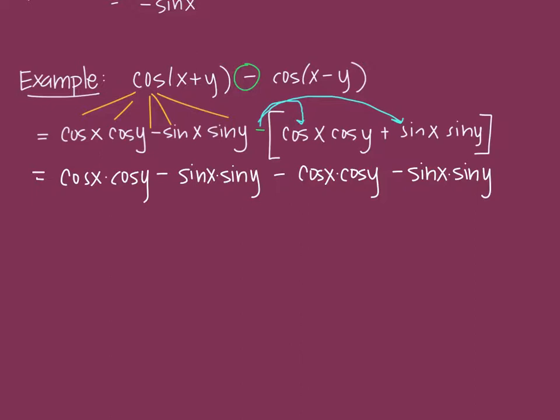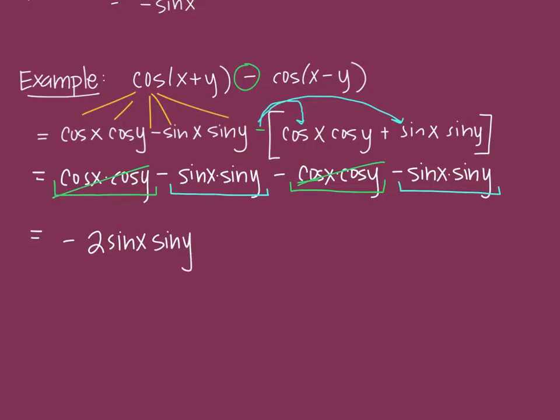Do we have anything that's in common? We should notice that I've got cosine x times cosine y and another cosine x times cosine y. One's positive, one's negative, so they cancel each other out. I also have a negative sine x sine y and a second negative sine x sine y. So together, those make negative 2 sine x sine y. And that's the final answer for this version as well.